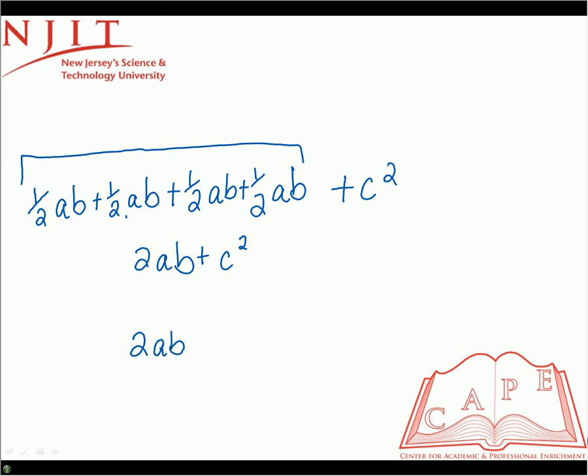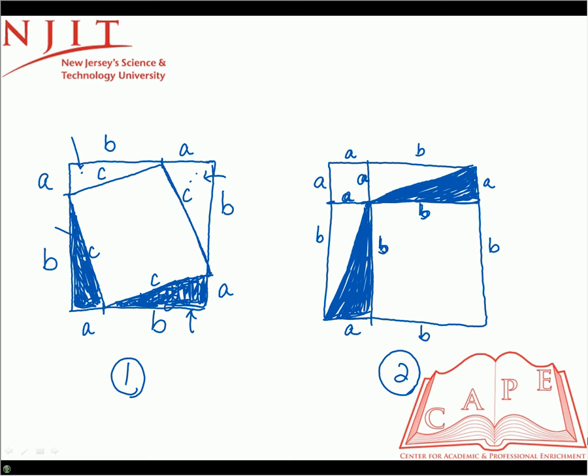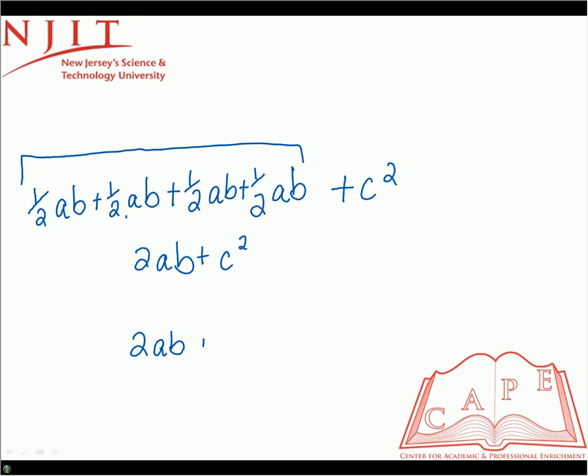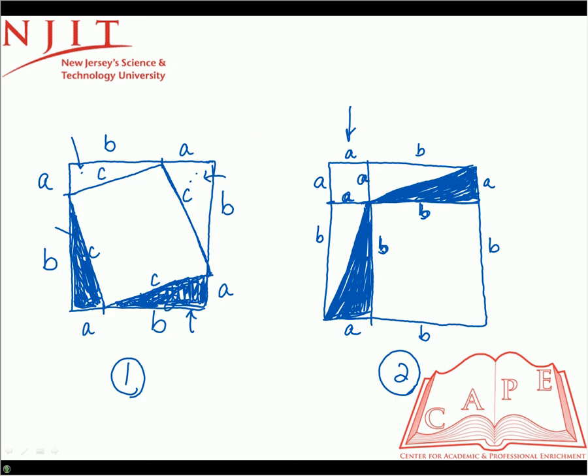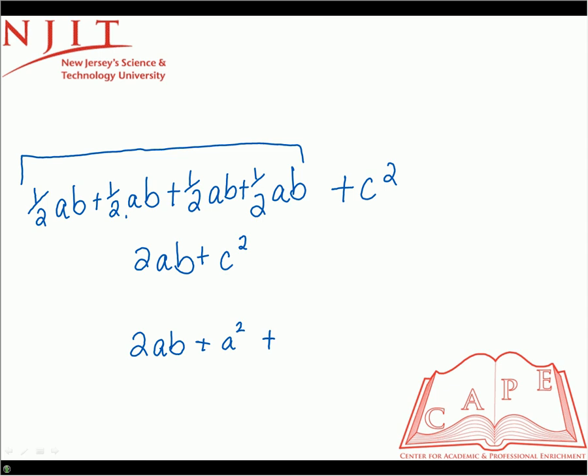The only difference between figure 1 and figure 2 is the squares that were reconfigured. We have this first square here, which is a squared, so we're going to write that in. And then we have the other square here, which is b squared. Okay, so this was for figure 1, and this was for figure 2.